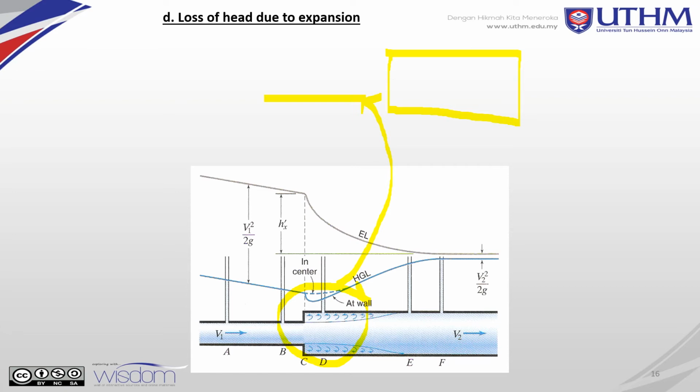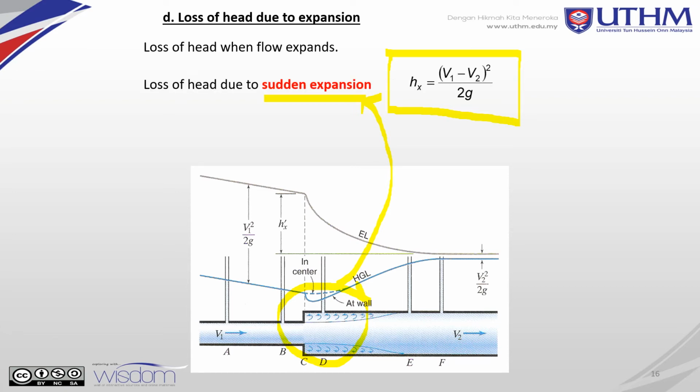Okay, this is loss of head due to expansion. We use this equation: V1 minus V2, to the power of 2, divided by 2g. This is called sudden expansion, when the smaller pipe enters the bigger pipe.